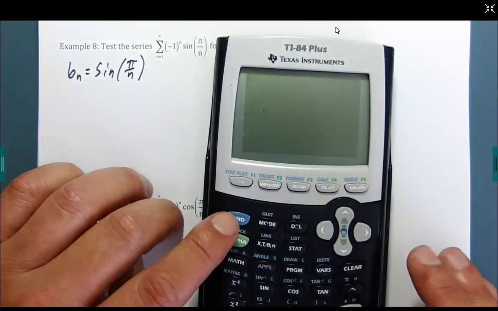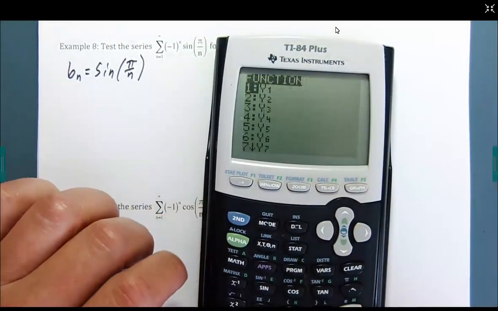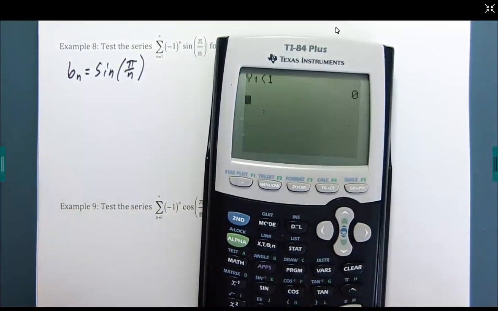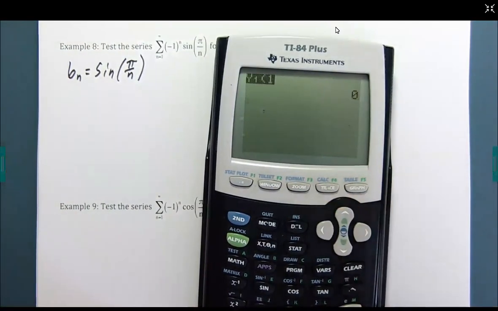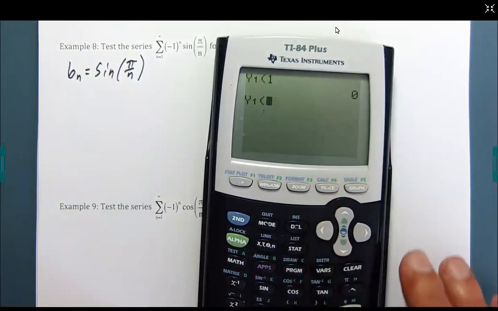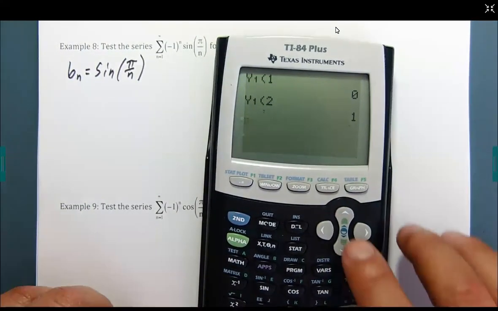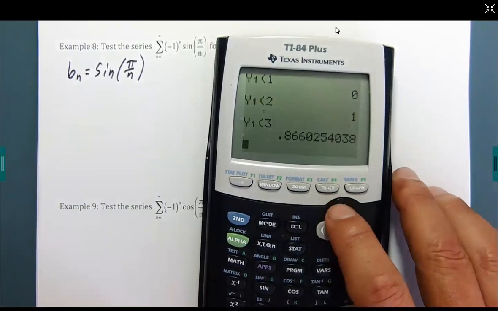So we'll start with n equals 1. Okay, we have 0, because sine of pi is 0. Let's try 2. Let's try 3. Try 4.